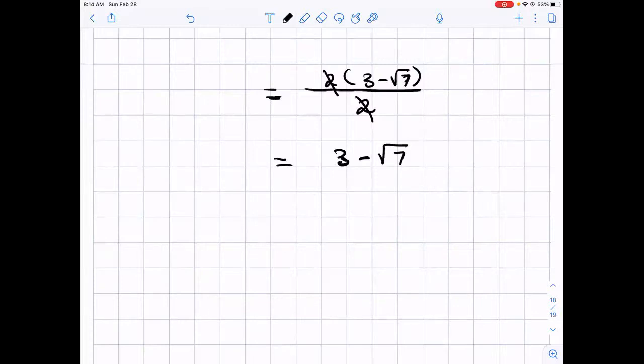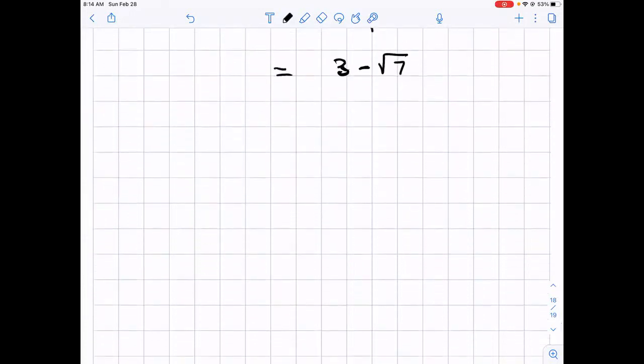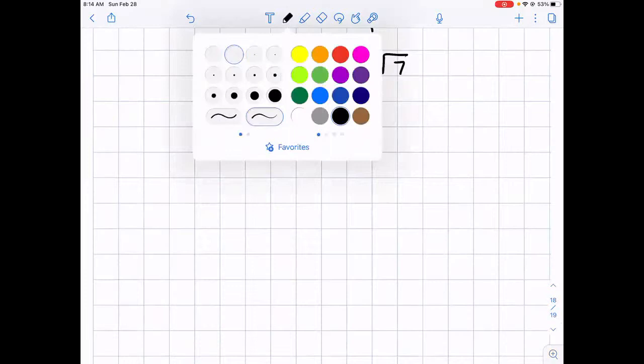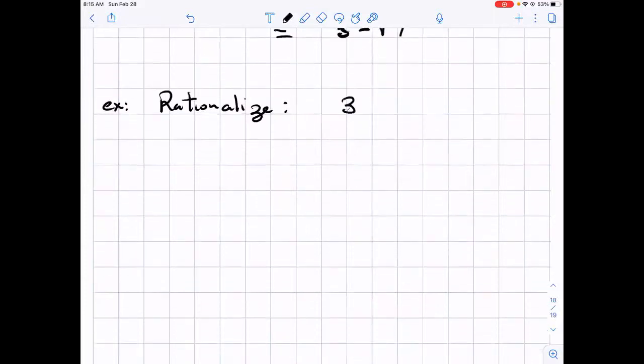We can also write this with rational exponents. Let's look at one more example: simplify, or rationalize. How about if we have 3 divided by the square root of 5 plus the square root of 6?